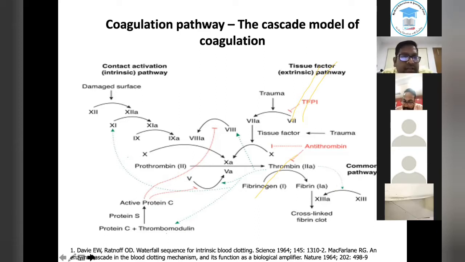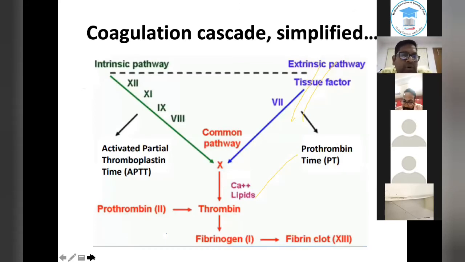So you can see in a simpler way, what is there? There is an intrinsic pathway where factors 12, 11, 9 and 8 are involved, along with the common pathway where factors 10, 5, thrombin and fibrinogen are involved. Similarly, in the extrinsic pathway, there is factor 7, which is exclusive to the extrinsic pathway, followed by the common pathway. And what happens when you do a laboratory test?